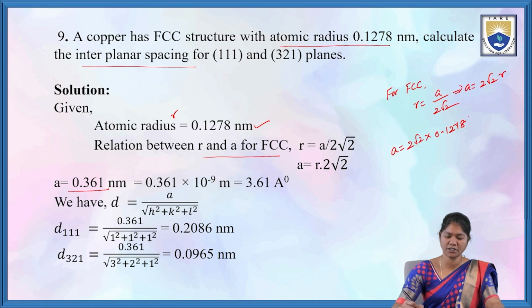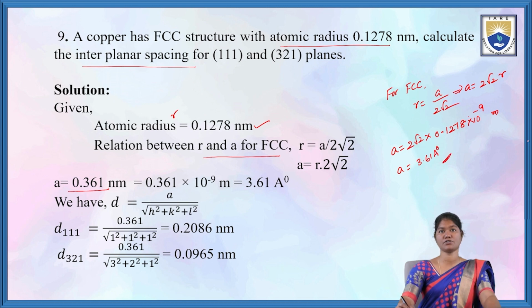Converting into meters, 10 power minus 9 meters, we get A equals 3.61 angstroms. So 1 angstrom is equal to 10 power minus 10 meters.